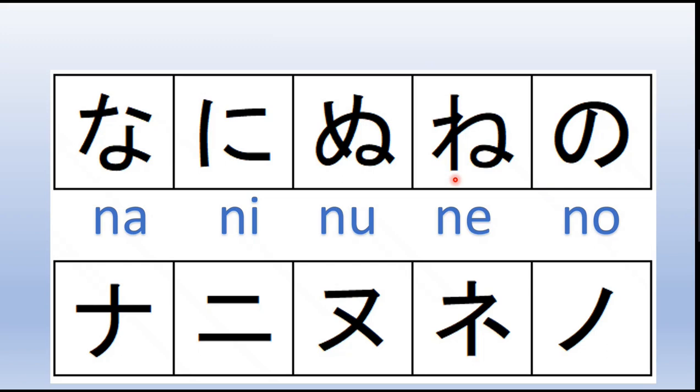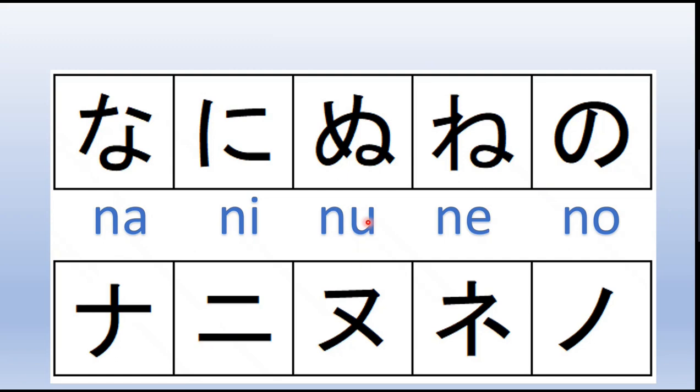The next line is na, ni, nu, ne, no. Here again you can see there is similarity. In na, the hiragana and katakana are pretty similar. In katakana, only this portion has been taken and this becomes na. In ni, these two segments have been taken, and it becomes ni.